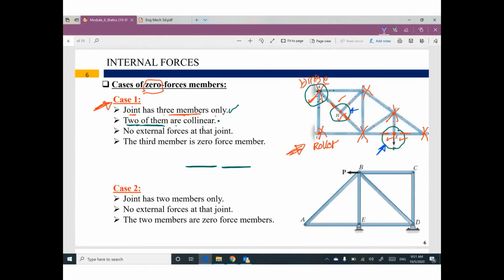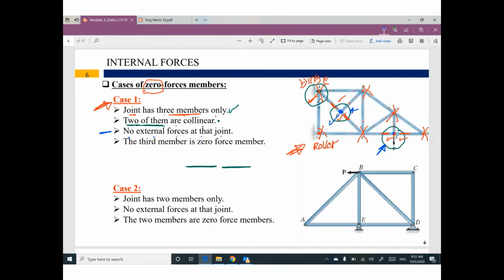What about the third condition? No external forces at that joint. Do you have any external forces at this location? At H? Any given force, F1, any force? No. This one is still working. For the other one, do you have any external forces?